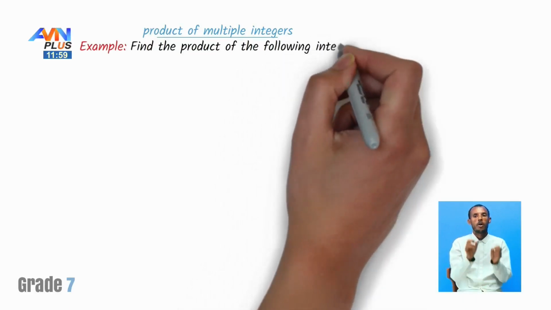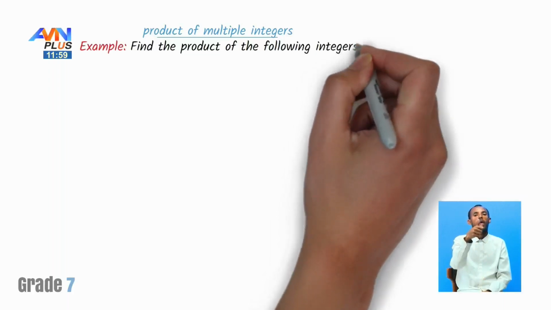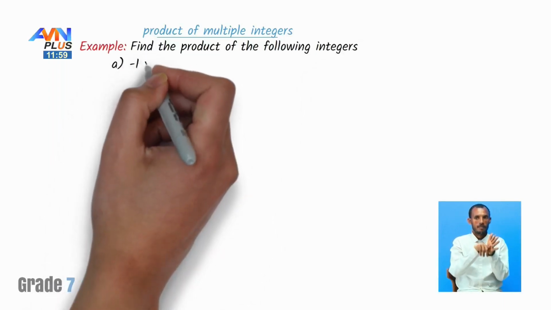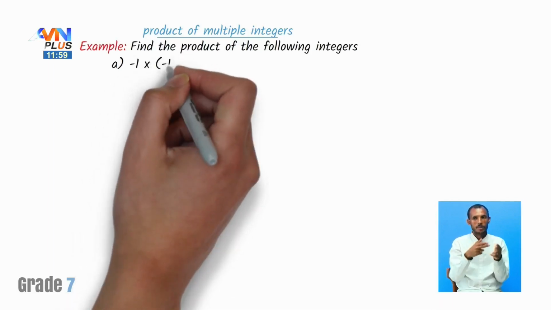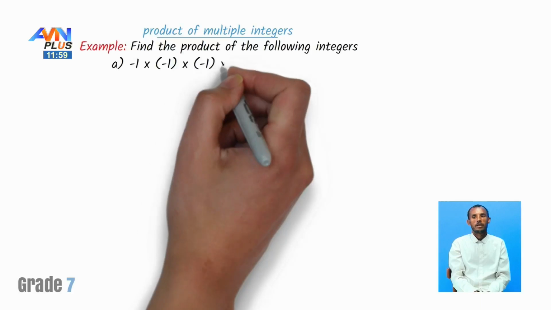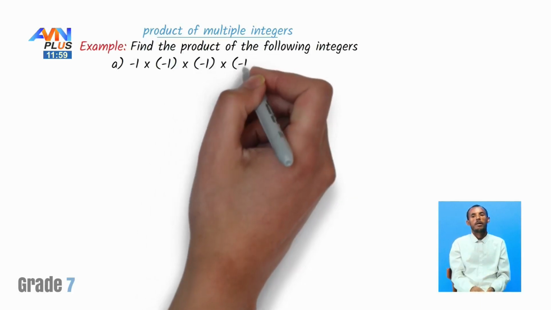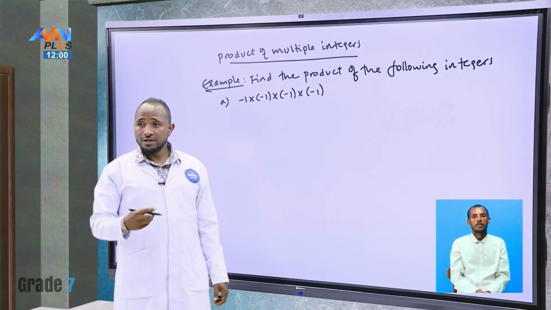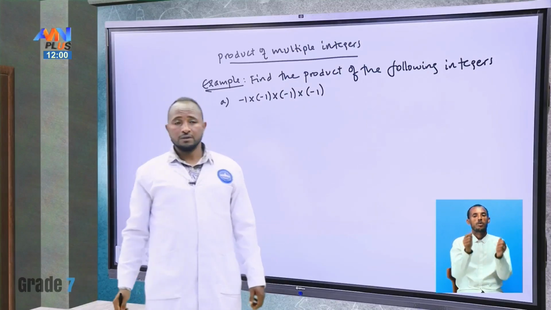Okay, the first one, A. Let's multiply this one. -1 times -1 times -1 times -1. What will be the answer? Let's see this together.